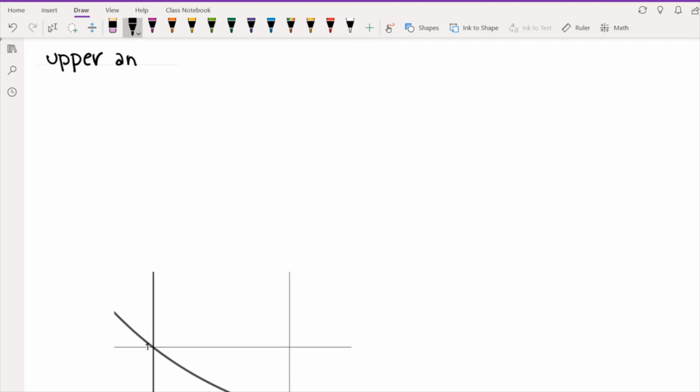So, upper and lower bounds for integrals. In this case, I'm going to do an example first, and then we'll write down the general rule, because sometimes it's easier to understand something by seeing the example first.